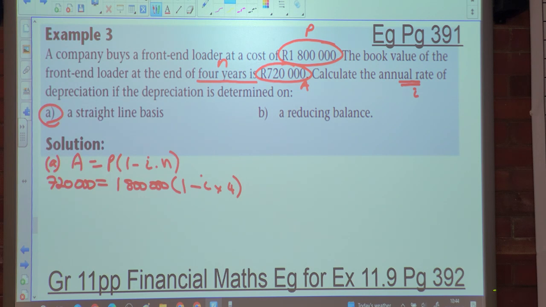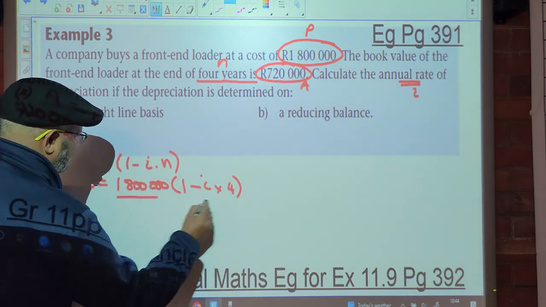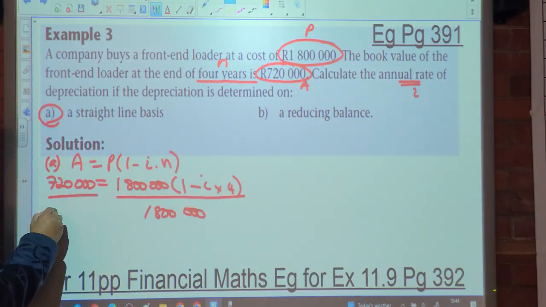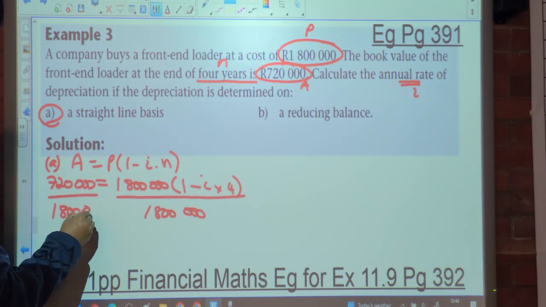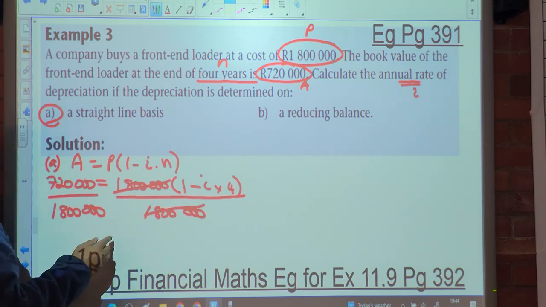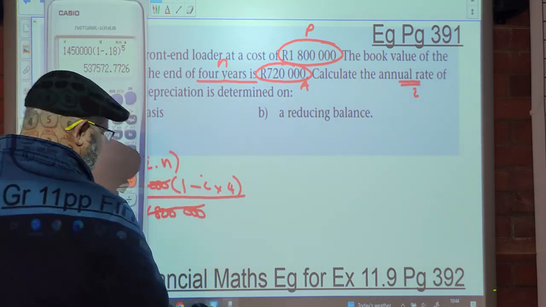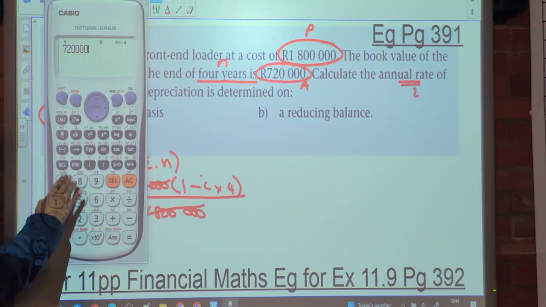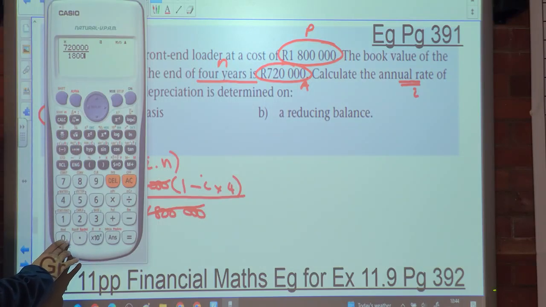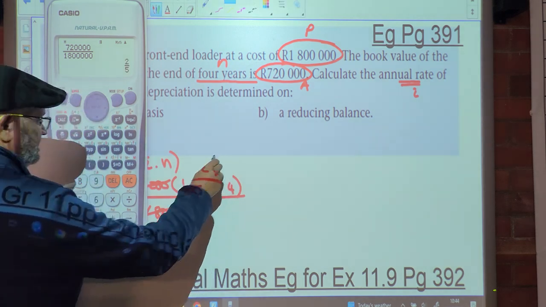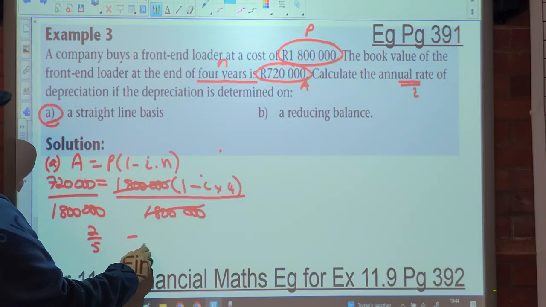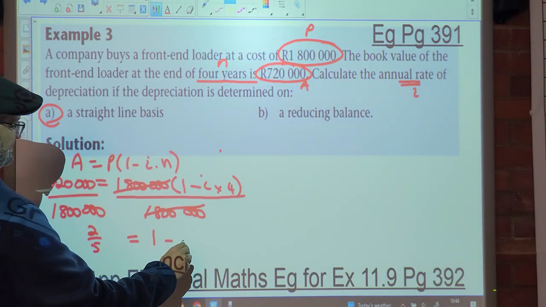So how do we solve for I? Divide both sides by 1.8 million, 1,800,000. Okay, so what I get is 720,000 over 1,800,000, which gives us 2 over 5. 2 over 5 is equal to 1 minus 4I.